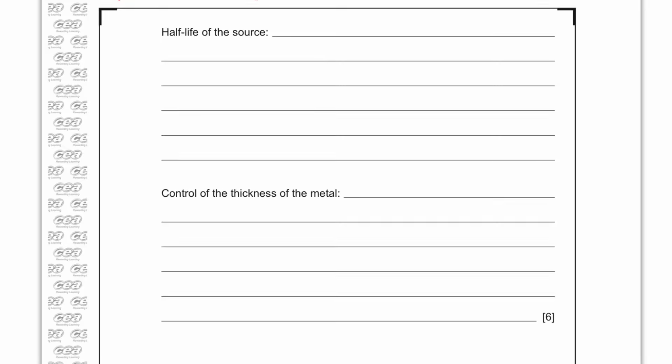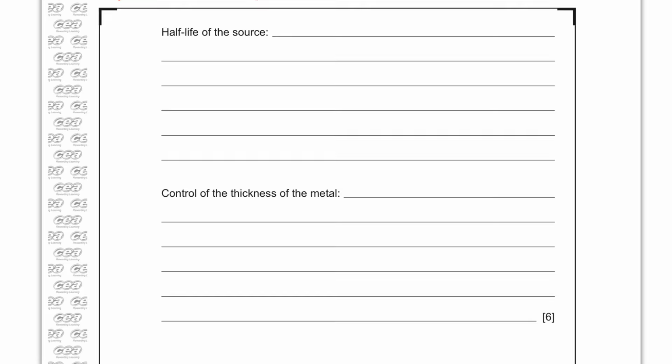We're then asked to explain how the half-life of the source would affect the choice of the radioactive material that you use. If you think about it, if this has a short half-life, then its counts per second are going to be decreasing over time, and that's going to result in the machine reading lower and lower values, and that may cause it to set the wrong thickness.